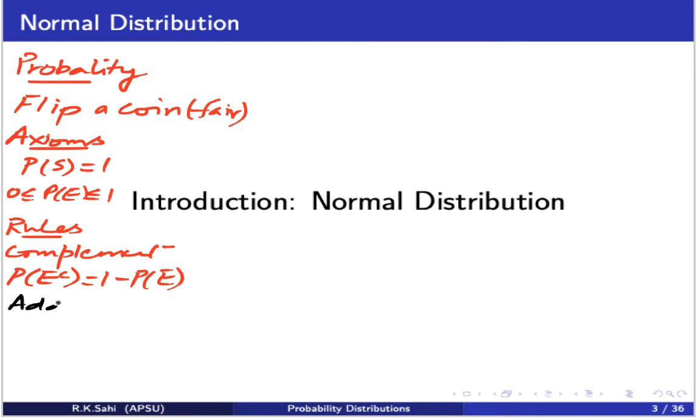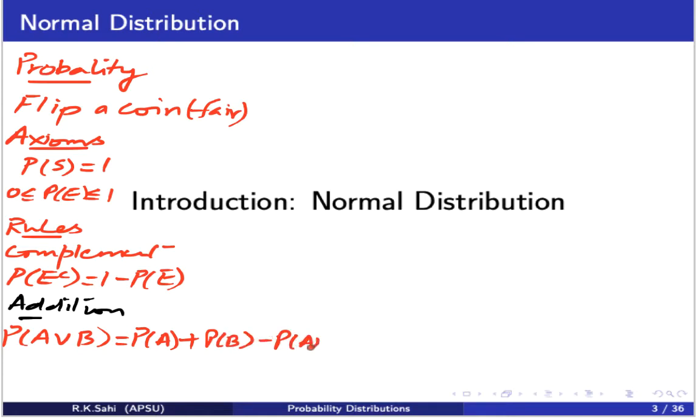In the addition rule, we talked about the probability of A union B. Remember, A and B are events. The addition rule was the probability of A plus the probability of B minus the probability of A intersection B.